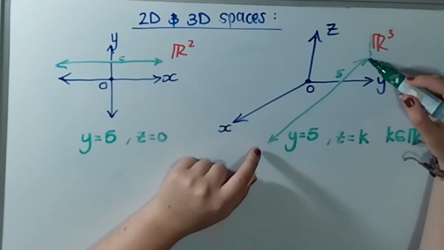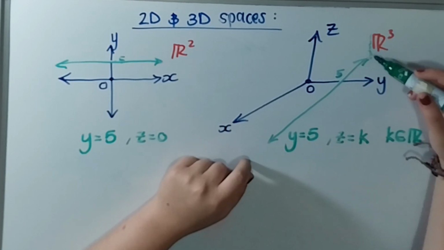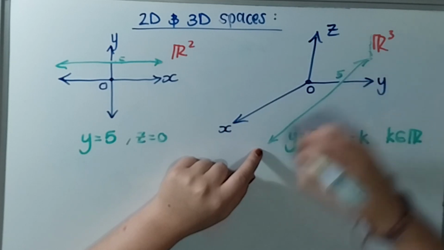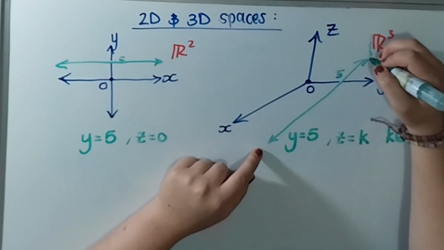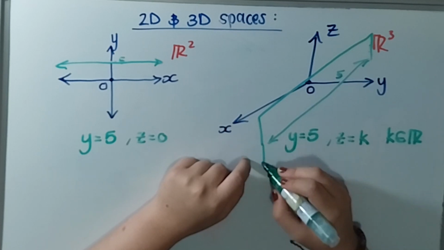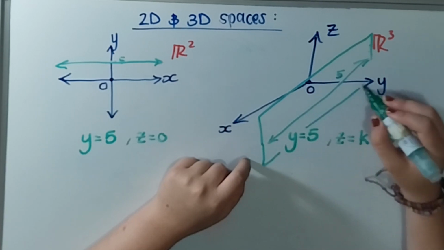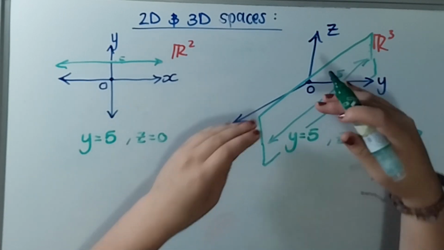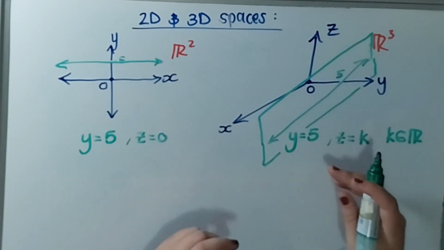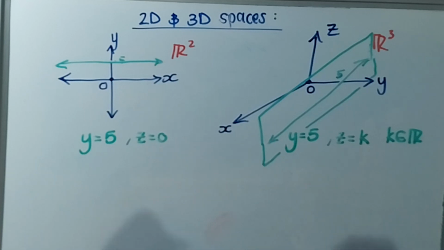What will happen is we'll build a wall, right? And this wall, which is stacked out of a bunch of these lines, is a plane. And this plane goes downwards as well. So it goes into the negative z's and into the positive z's, creating a plane or a wall.